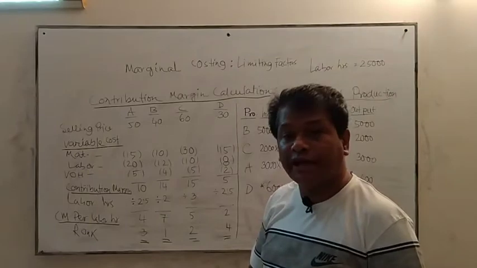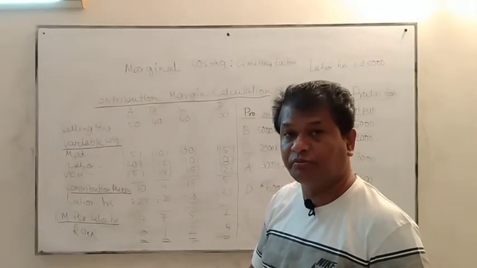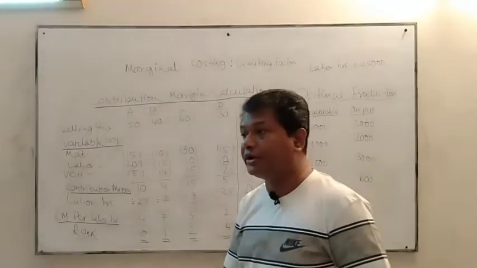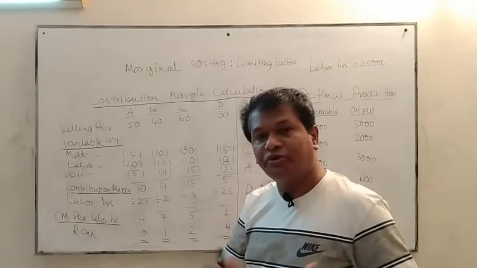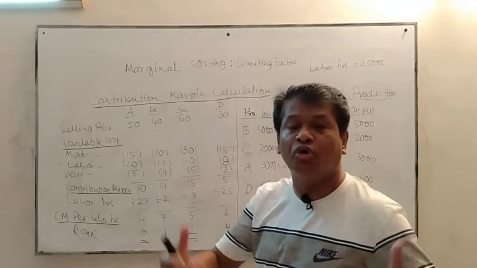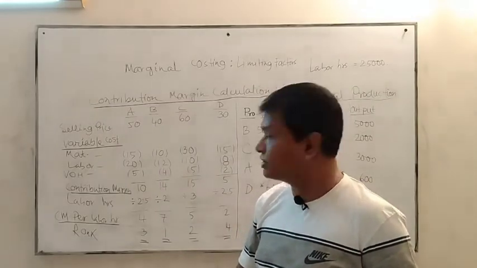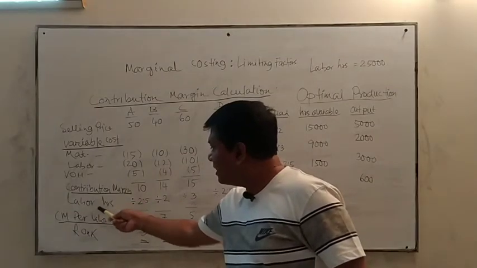Right now, we have to calculate contribution margin per labor hour because there is the limiting factors. That's why you have to calculate contribution margin per labor hour. The contribution margin per labor hour which is giving more, that is the most profitable product that is to be produced first. Here you see, this is hypothetical writing, that is the labor hours.